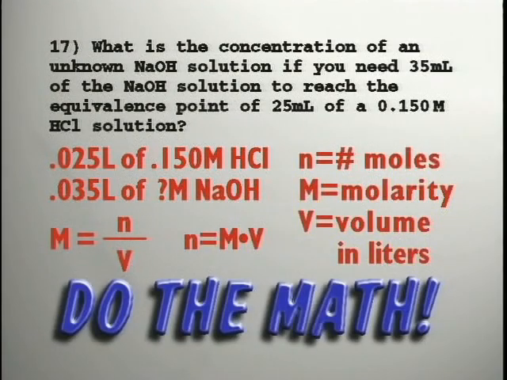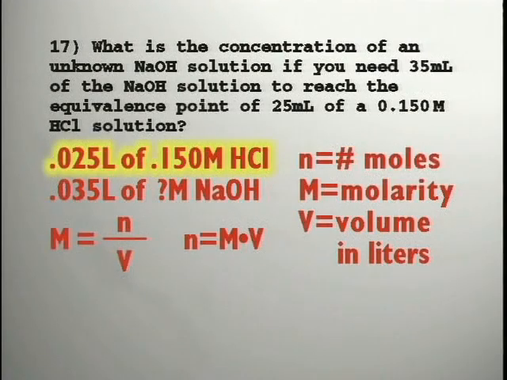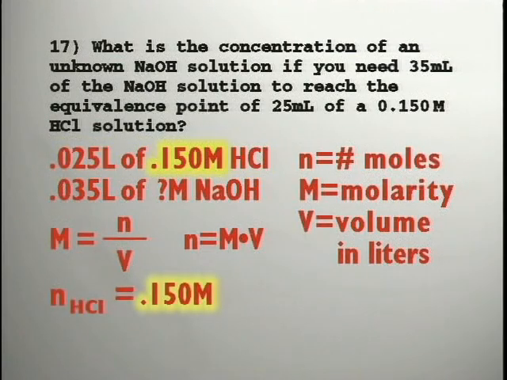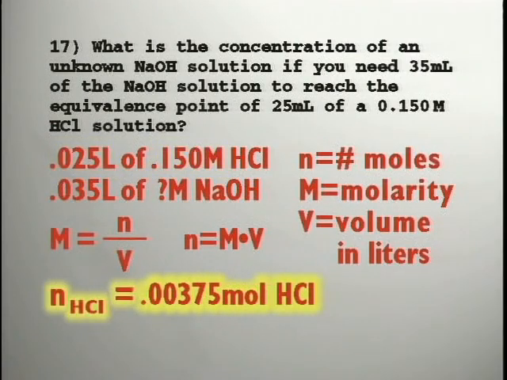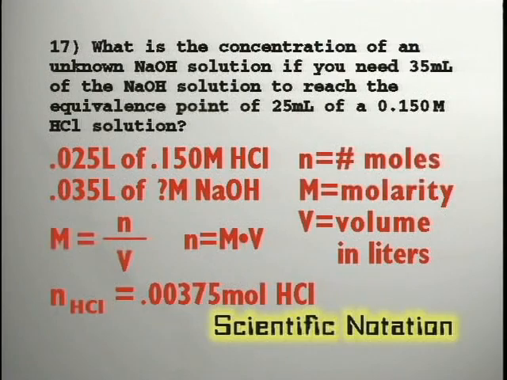Let's do the math. Our culinary chemists used 0.025 liters of 0.150 molar hydrochloric acid, or HCl. That's 0.150 molar solution times 0.025 liters. That equals 0.00375 moles of HCl. To make it easier to deal with, we'll write this figure using scientific notation.